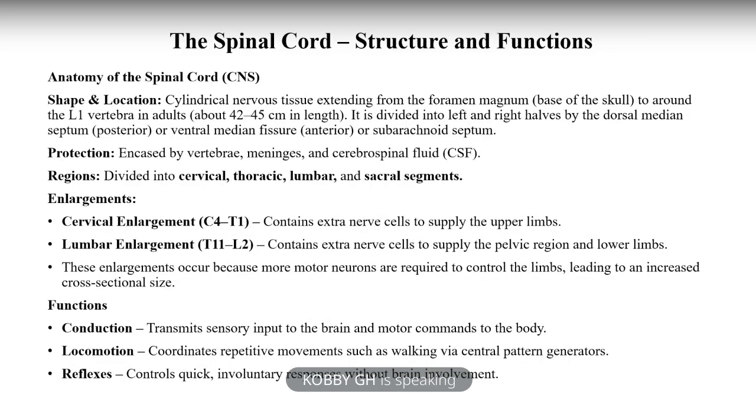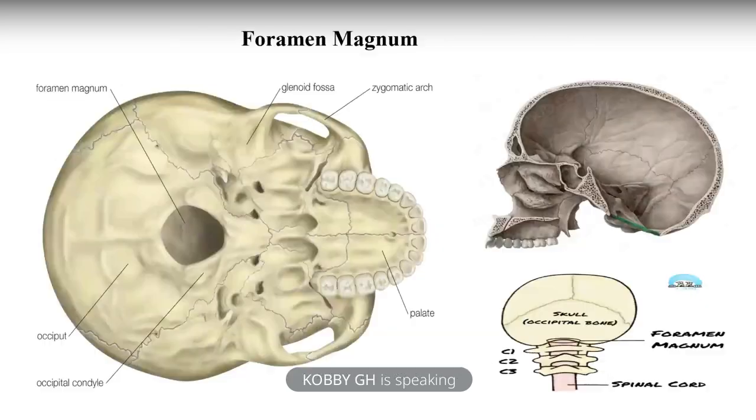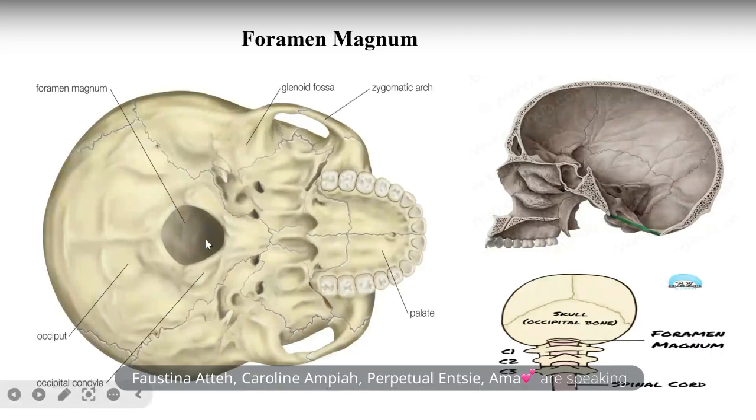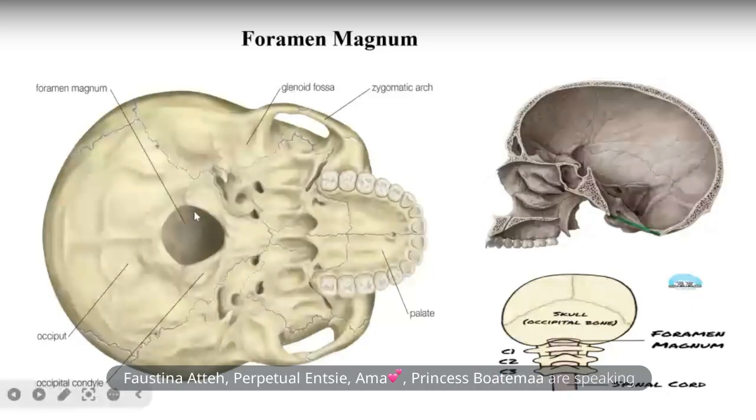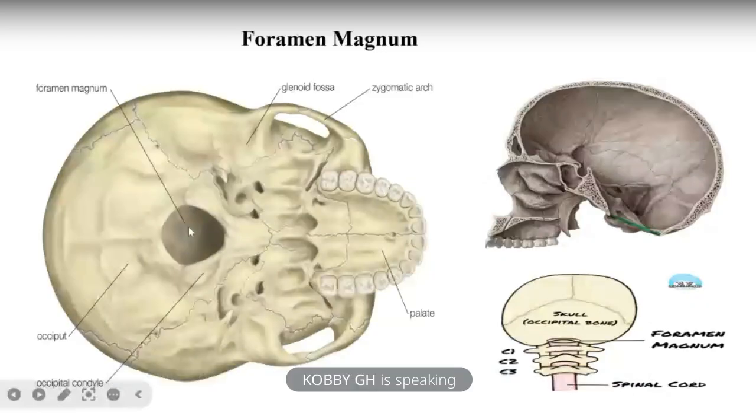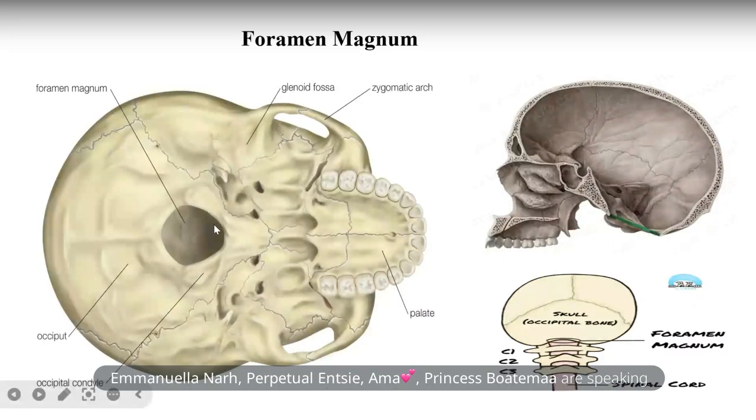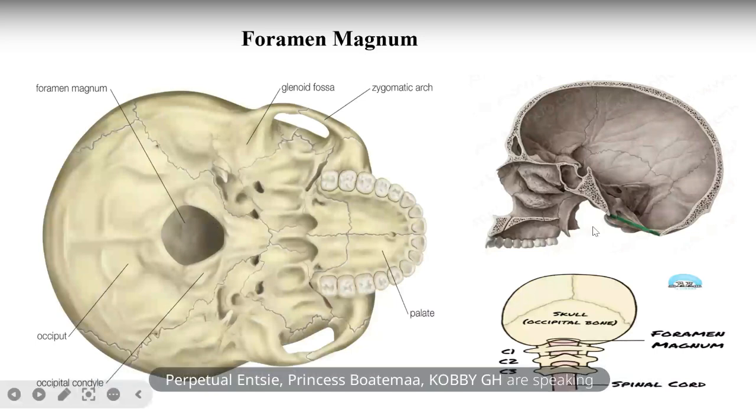Okay, so let me show you what we are talking about anatomically. If you remember in the skeletal system, you were taught what we call the foramen magnum. Say foramen magnum. Foramen magnum. Here it is.